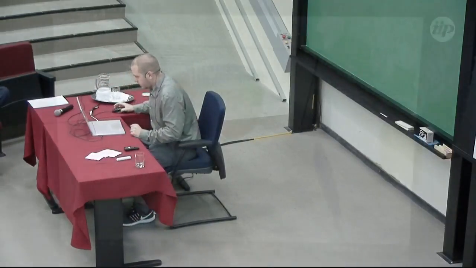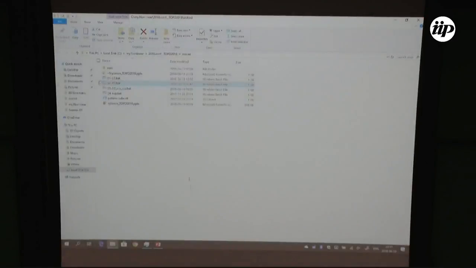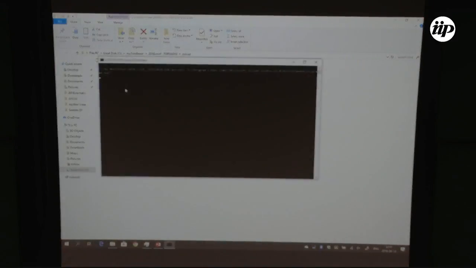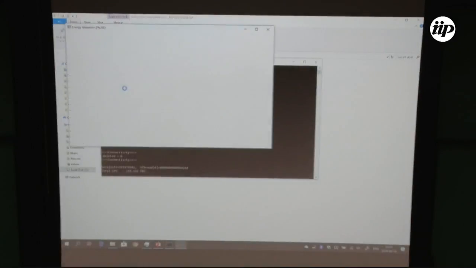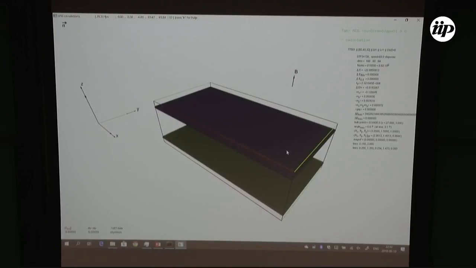Okay, and another short example. Now we will go to an even more realistic simulation. Here the parameters are chosen for a real material, a film of iron germanium with approximately 100 nanometer thickness.